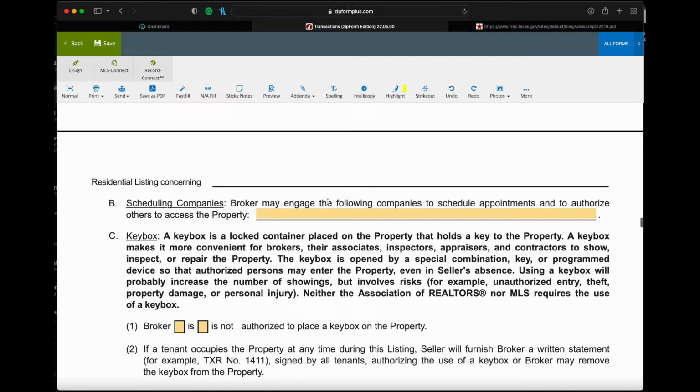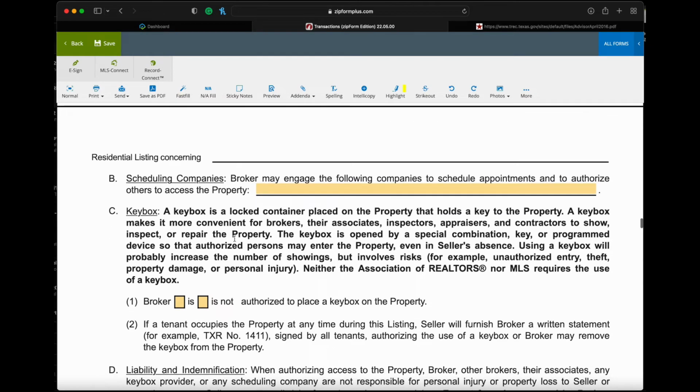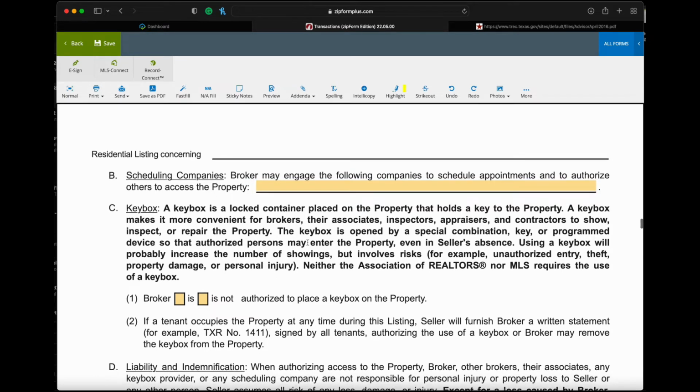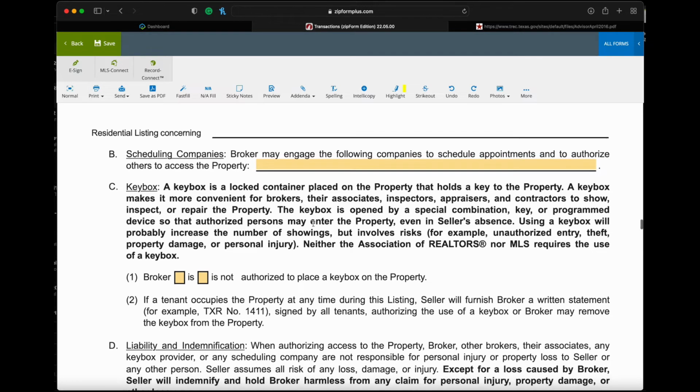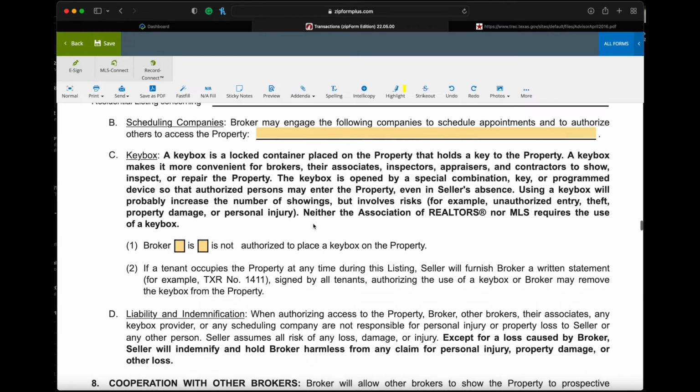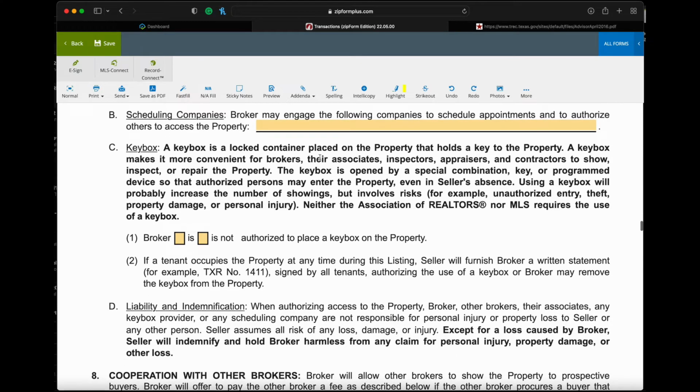Scheduling companies. Broker may engage the following companies to schedule appointments and authorize others to access the property. This is usually if you have another company that assists you in scheduling appointments or things like that, so that's usually what would go right here. A key box, this is the lockbox, and it says right here so the seller can read it and understand what it is.